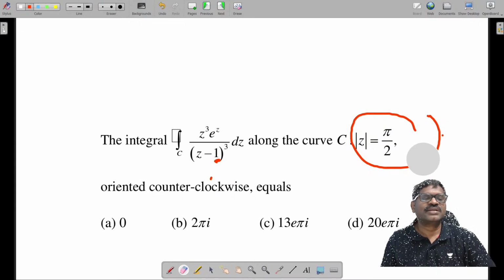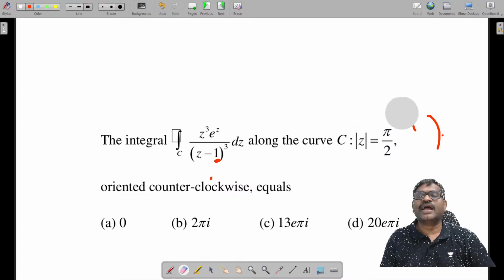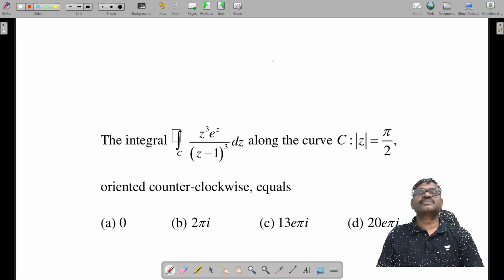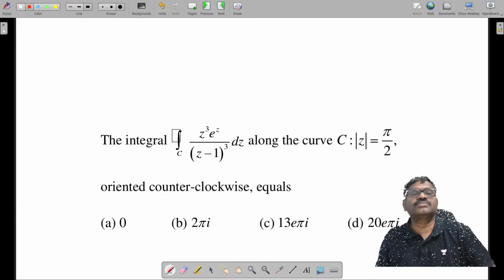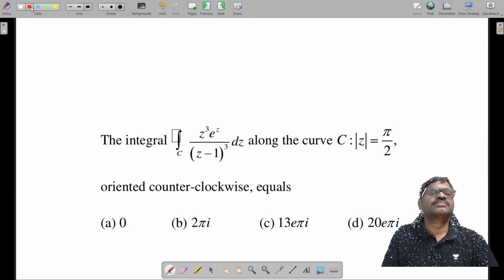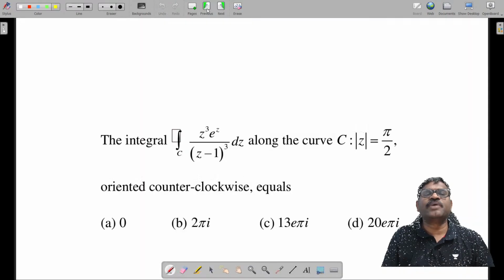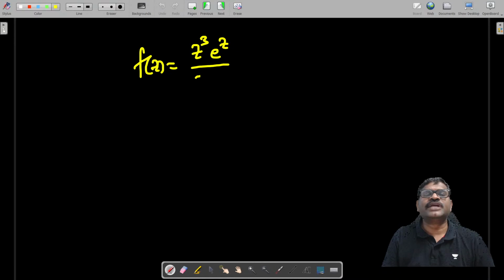Okay? Amit, sin z by z, that method is not applicable. Observe here. Integral z cube into e power z by z minus 1 whole cube dz.